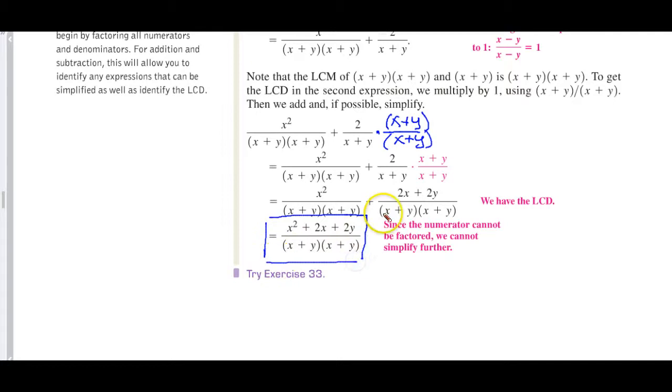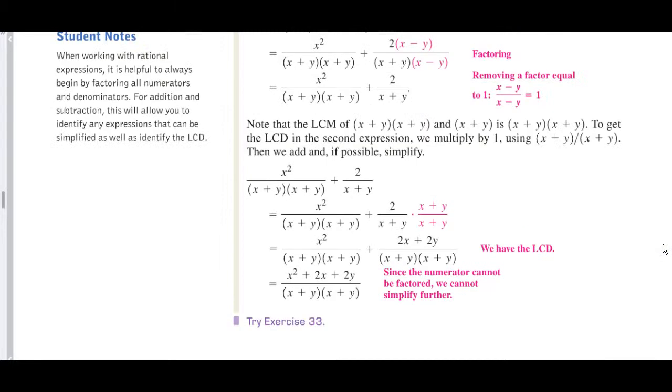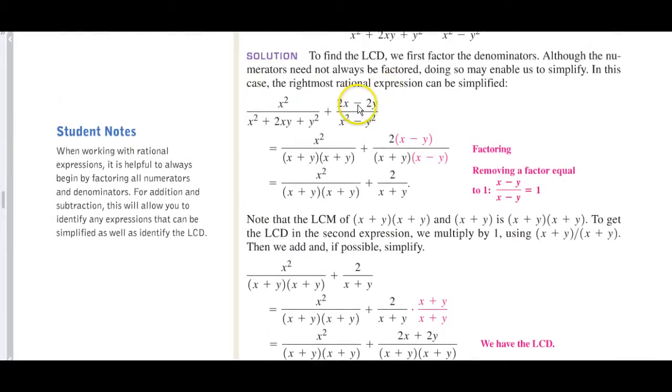So the little trick here, or kind of trickiness, is that over here, when you factored this into its conjugates and factored the numerator, you had a common factor that you can cancel out.